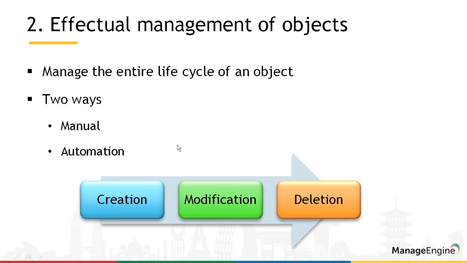When I say manage them, you have user provisioning, group provisioning, computer object creation, and then you'll have to modify them and then delete them as part of the deprovisioning process, and also restore them if that's an accidental deletion. So creation, modification, and deletion, right? So we are talking about users, groups, computers, contacts, managing all of them and managing their life cycle.